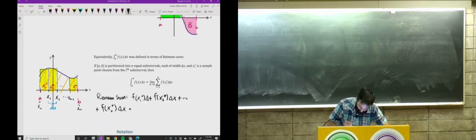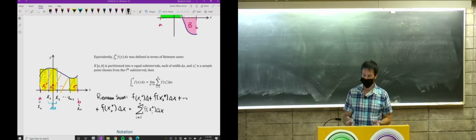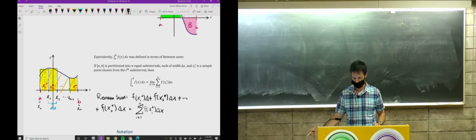And you can write that more compactly using summation notation as the sum from i equals 1 to n of f of x sub i star delta x. So that's a Riemann sum, and as I said, it approximates the area underneath the curve.